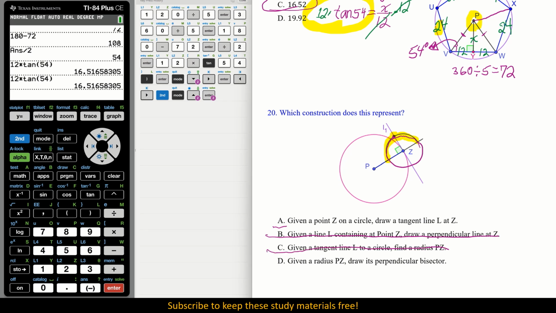All right. So D, given a radius, okay, PZ, draw the perpendicular bisector. I don't know how that would work. You'd have to have, given the radius PZ, no, that just doesn't make sense and there's just not enough information there. So D doesn't really work either.